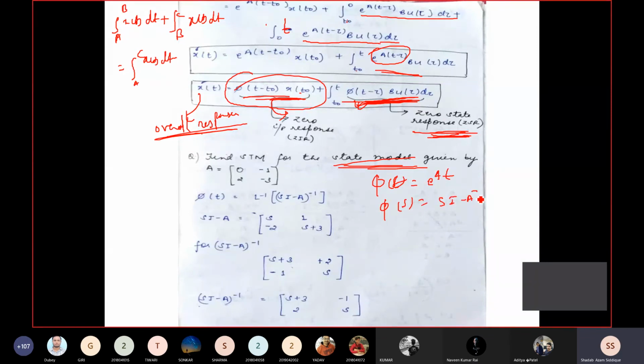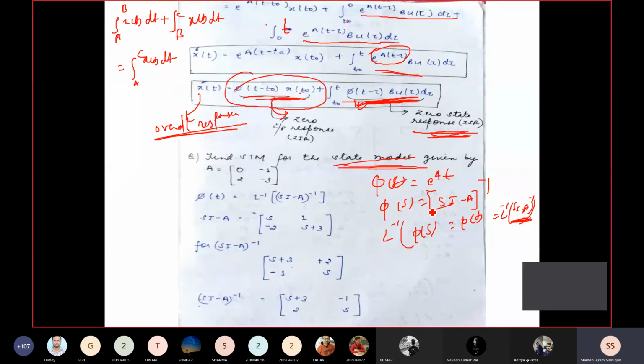If you take the inverse Laplace transform of phi of s, you get phi of t, which is the Laplace inverse of (sI minus A) inverse. So first of all, try to find (sI minus A) inverse, and then take the Laplace inverse of that.